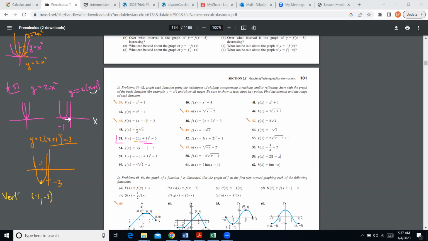That's a special name that people give to this key point on the parabola, with coordinates -1 and -3, the vertex. Once you plot this point, then your parabola just opens up from that particular place. So graphing x squared, the parabola, is here.